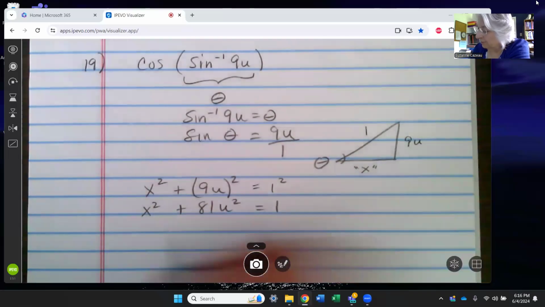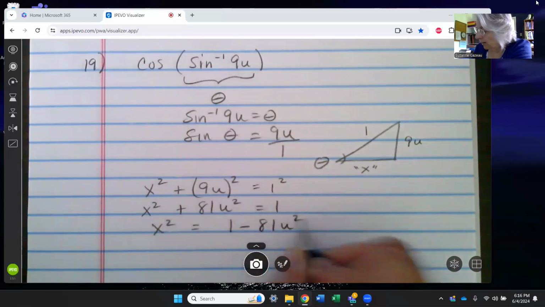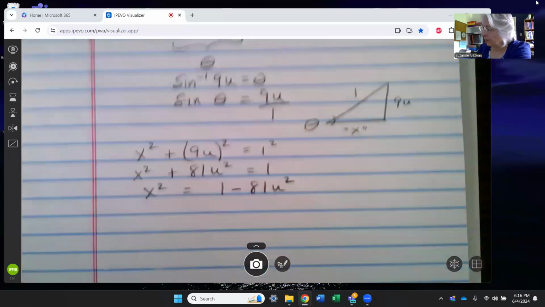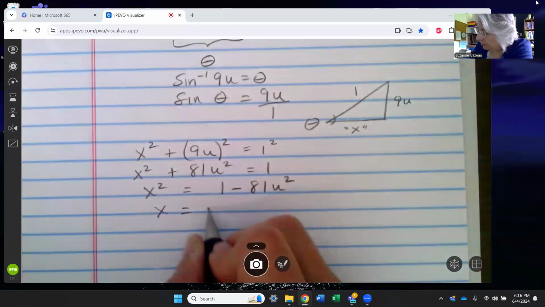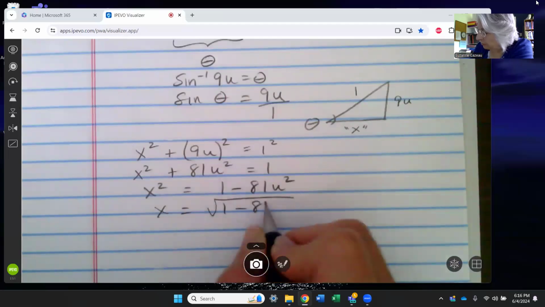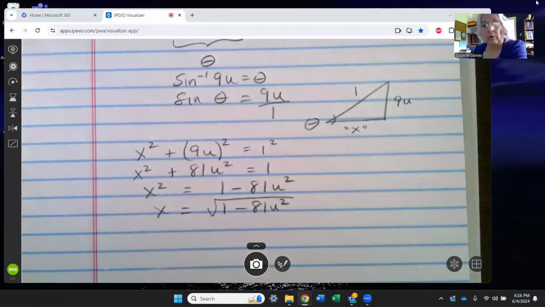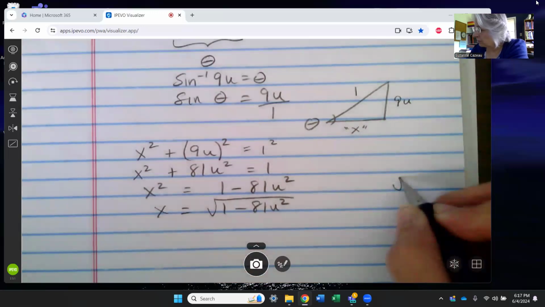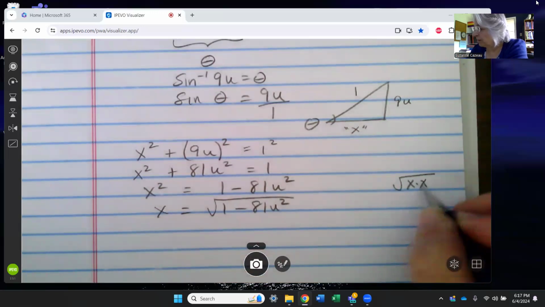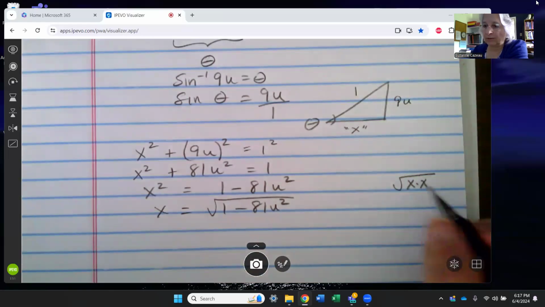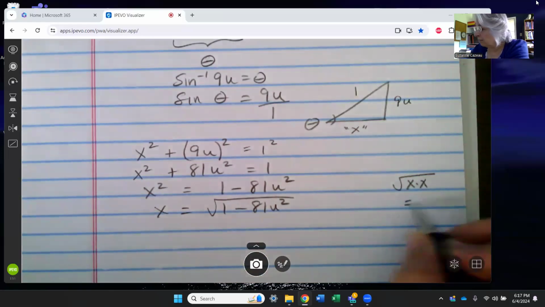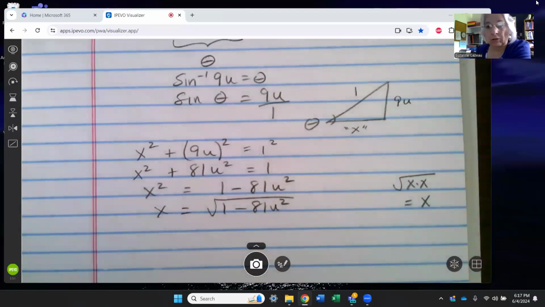And I can subtract that over. 1 minus 81u squared. So that means I have the square root of 1 minus 81u squared. And don't try to do anything else with it. Because, you know, if I have two things multiplied together underneath here, then it comes out. But they have to be identical.